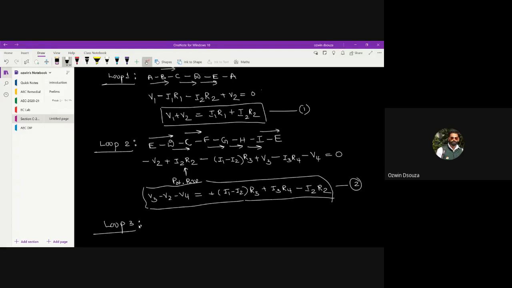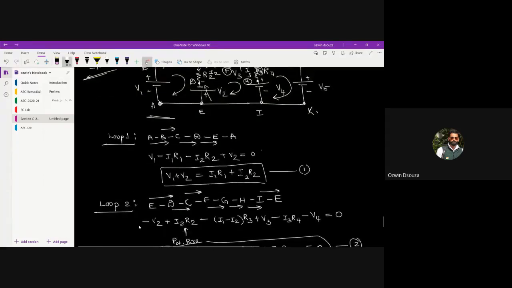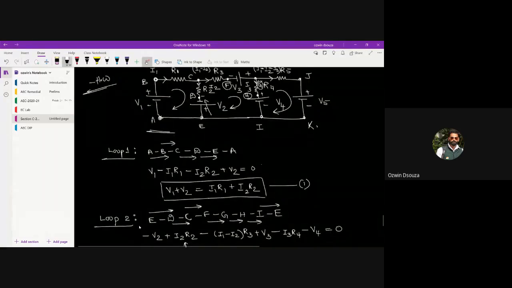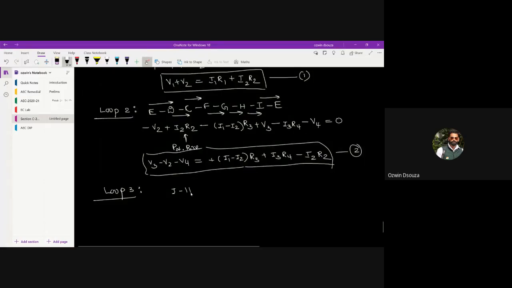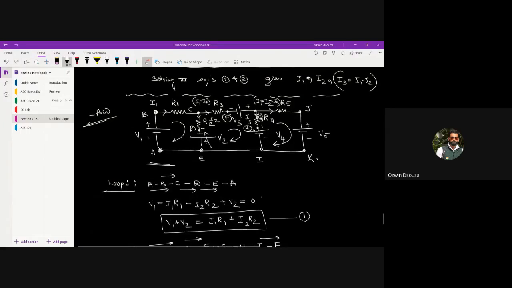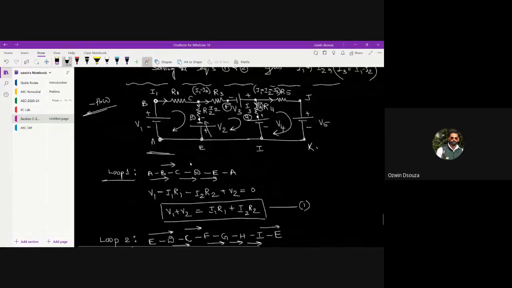So what do I have in my loop 3? In loop 3, it is I, H, G, that is I to H, H to G, and then J, K, I. Let me write down.